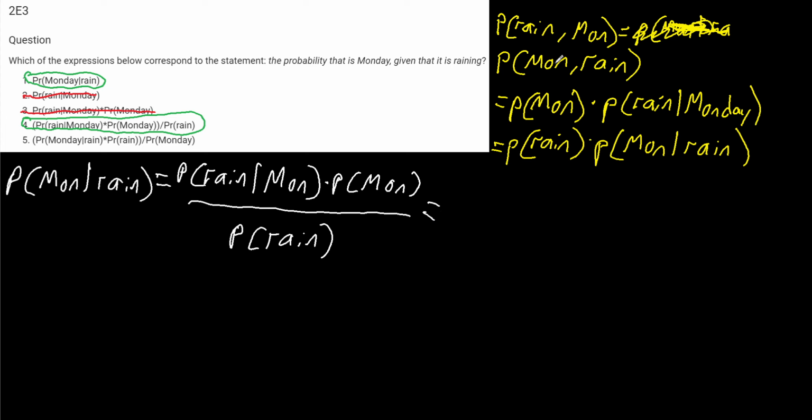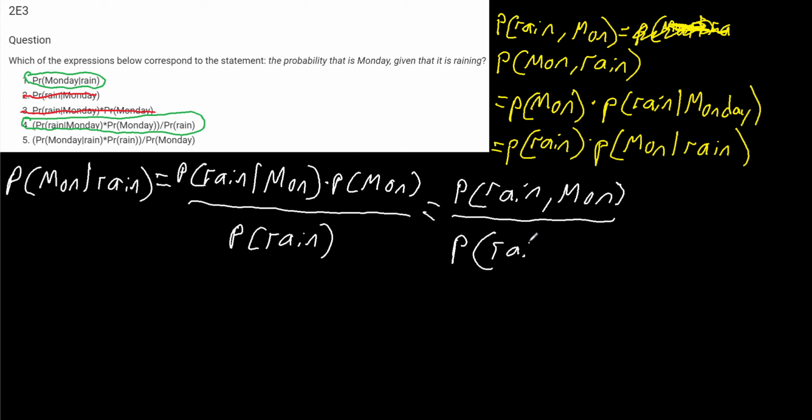Taking our joint probability expressions up here, this is equivalent to the probability of rain and Monday, or Monday and rain, divided by the probability of rain. And these are all equally valid expressions of the conditional probability.